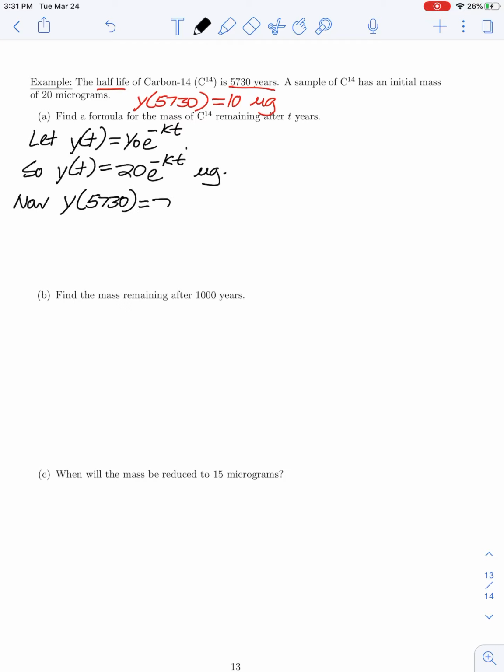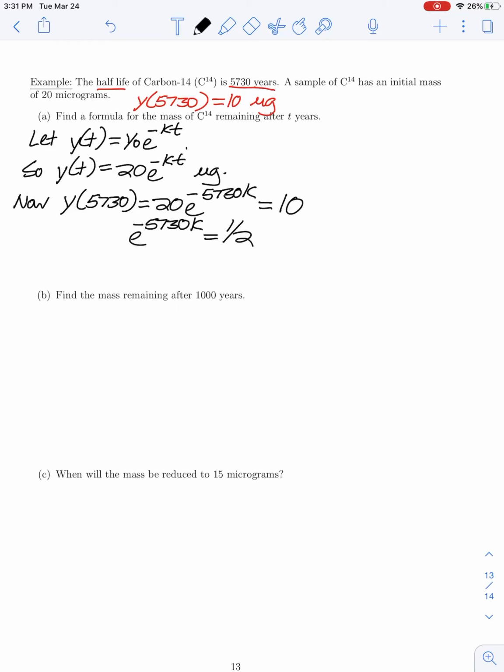y of 5730 is given by 20 times e to the negative 5730k, which we know has to equal 10. So to solve for k, we divide both sides by 20, and we find e to the negative 5730k is equal to 1/2.